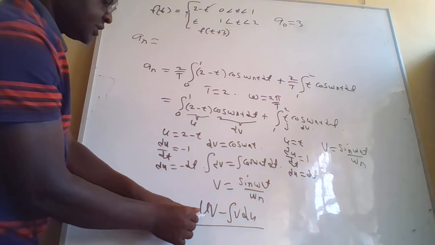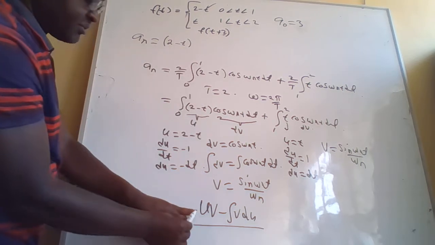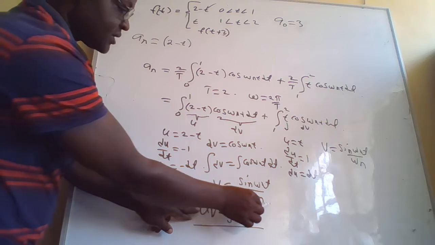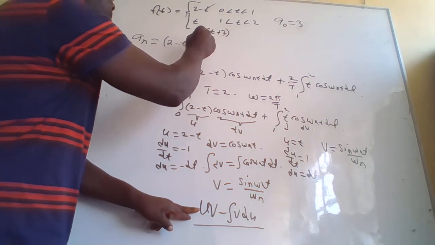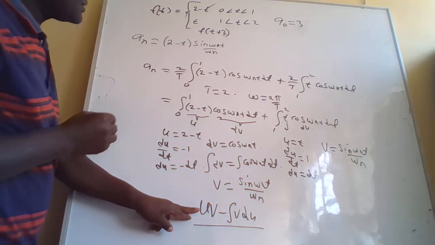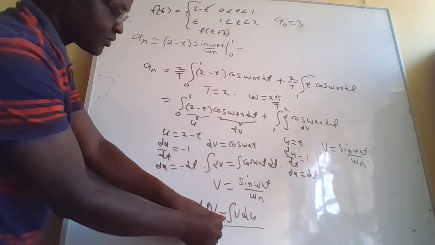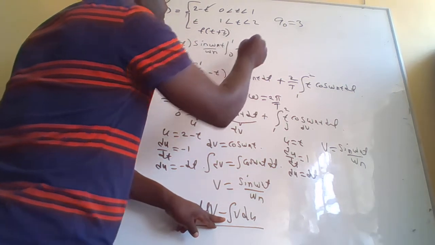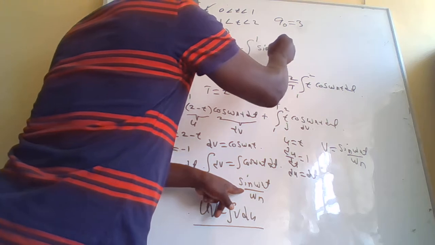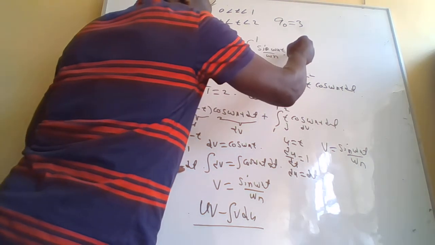Our u is 2 − t. Remember, this is u times v, so our v here is this one, sin(ω_n t) over ω_n, like that, with the limits 0 to 1, minus the integral from 0 to 1 of v, which is sine, then du equals negative dt, so times negative dt.